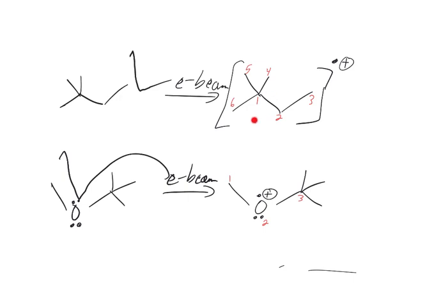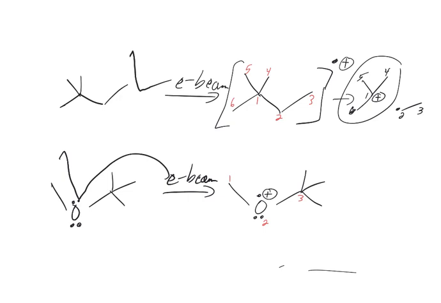One of those places would be between carbons 1 and 2. If you broke that bond there, you'd want to make the most stable carbocation possible. So you put the plus charge there, and then on 2 and 3 would be the radical. But this would be the fragment that you would see.